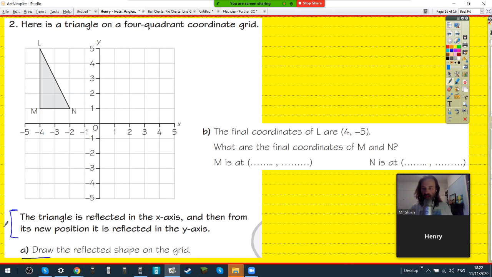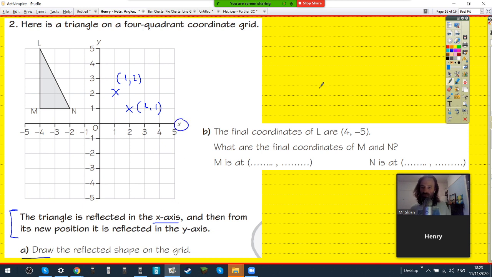N is at 2, 1. 2, 1 is over here. So that's 2, 1. Reflection in the y-axis. Oh, sorry, in the x-axis.